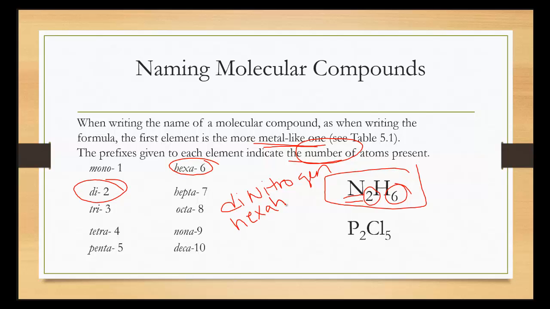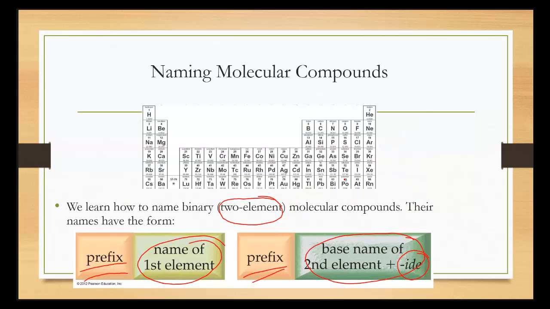Then hydrogen becomes hydride. Before we even get to this point, what I should have done first is confirm that here's nitrogen, here's hydrogen, that both elements were nonmetals. Even though hydrogen's over here, it's the only nonmetal that's on the left-hand side.